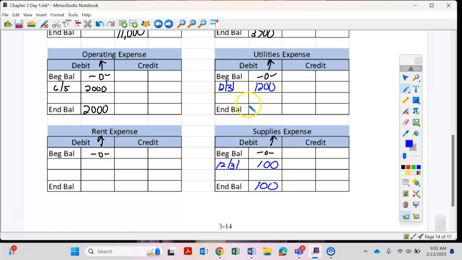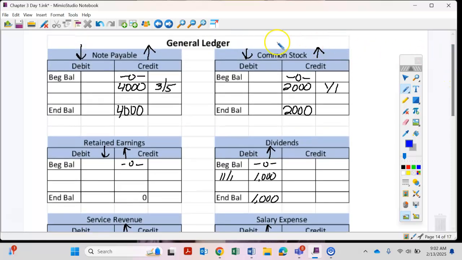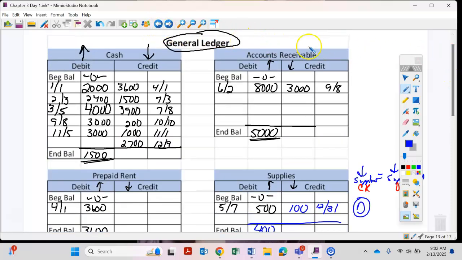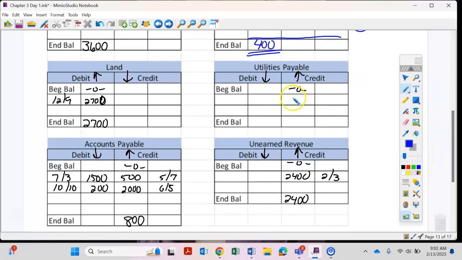That's going to give it an ending balance of $1,200 as well. And then go back to utilities payable, find it, and post our credit of $1,200 there as well. And again, when we draw our line, that will give us an ending credit balance of $1,200.